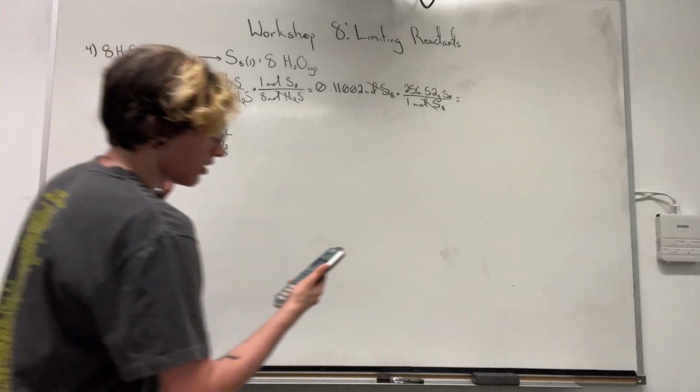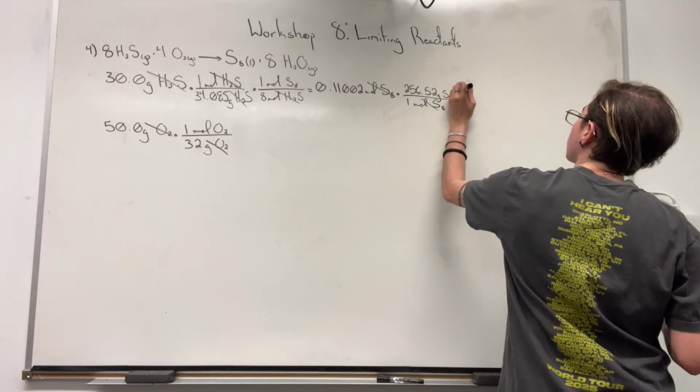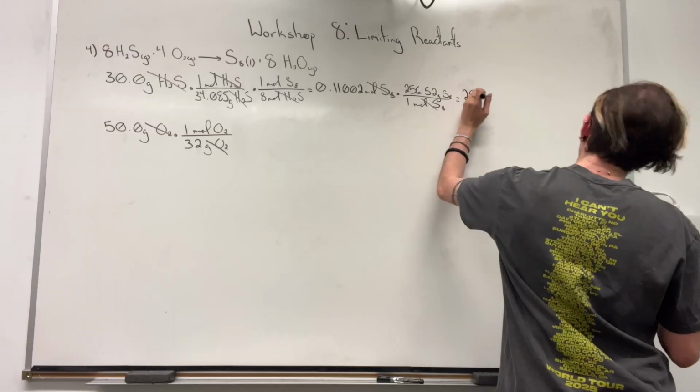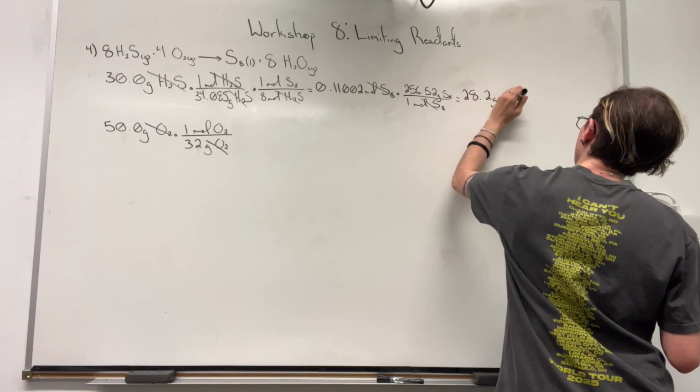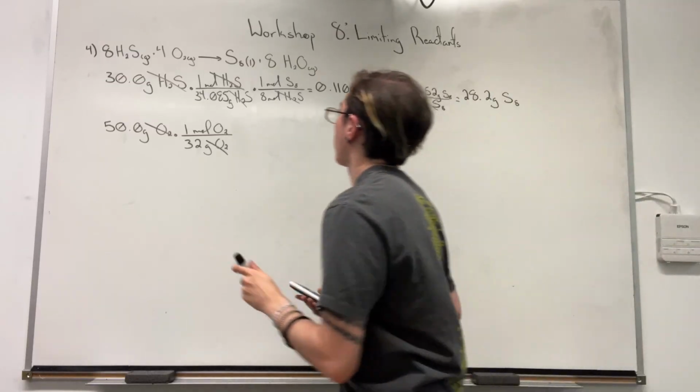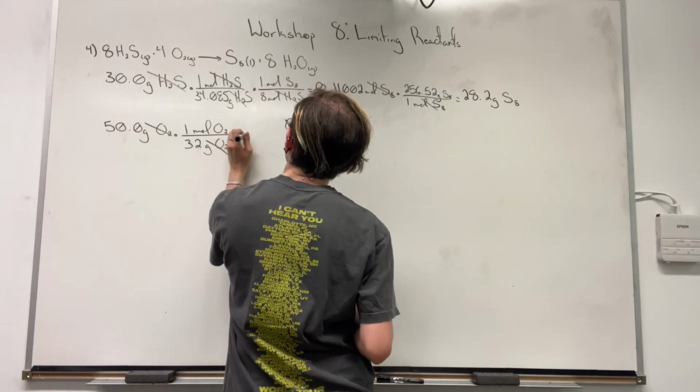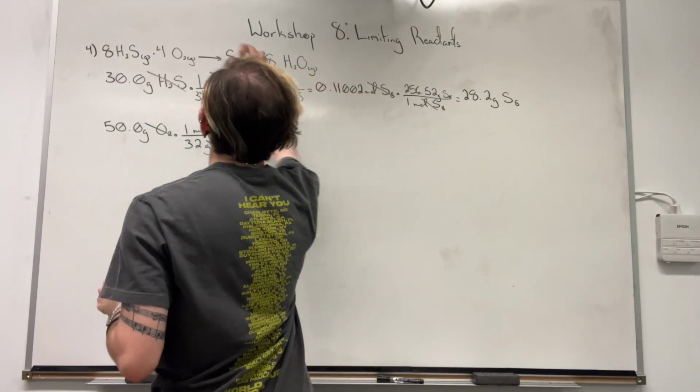And so 30 grams of hydrogen sulfide gas are going to produce 28.2 grams of sulfur. Now going to our oxygen, the mole ratio between oxygen and sulfur is 4:1.